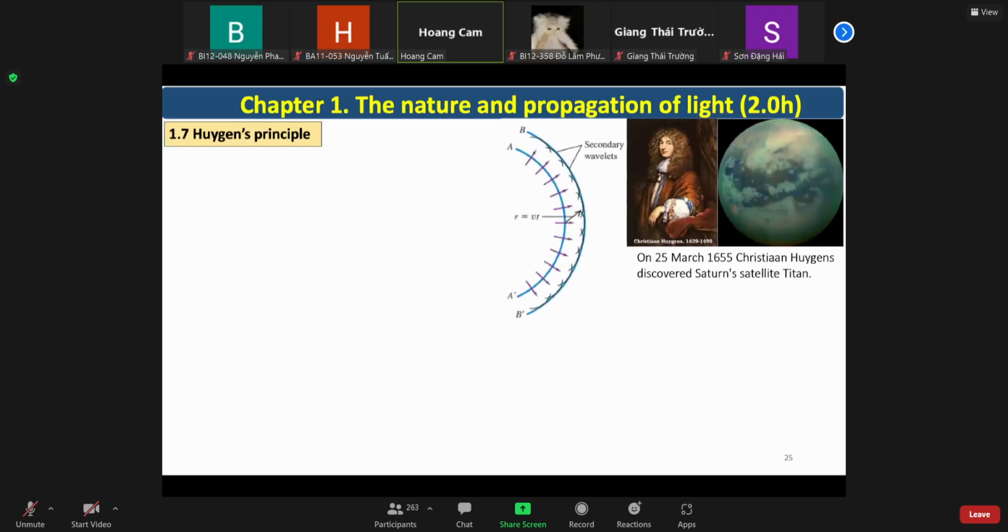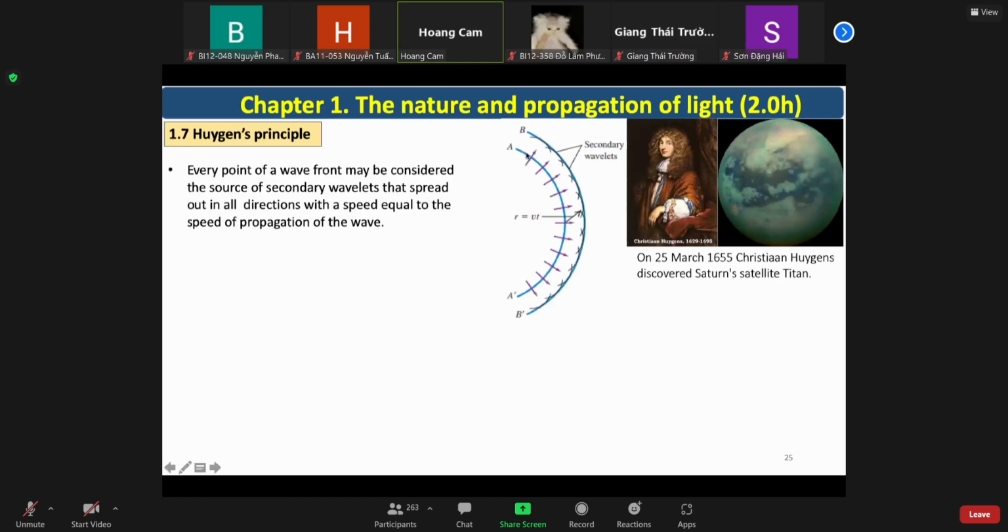Each point on this wavefront may be considered the source of secondary wavelets.